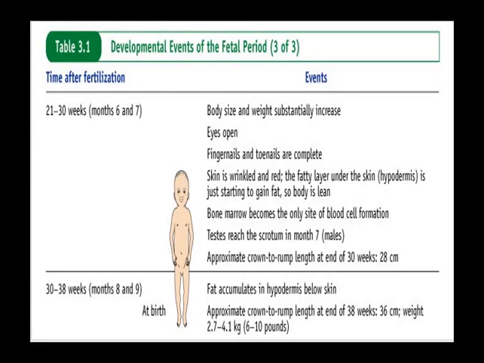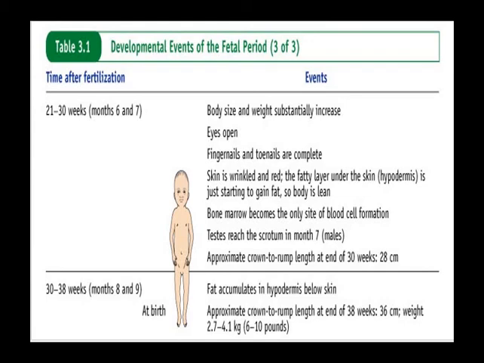The skin is wrinkled and red, the fatty layer under the skin, the hypodermis, is just starting to gain fat, and bone marrow becomes the only site of blood cell formation. The testes reach the scrotum by the 7th month in males. Approximate crown rump length is around 28 centimeters.